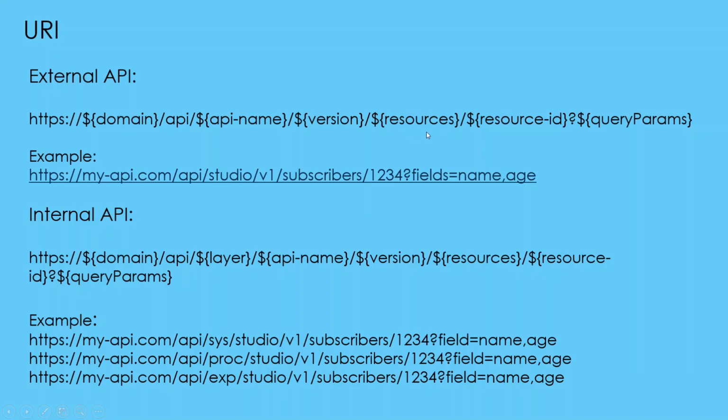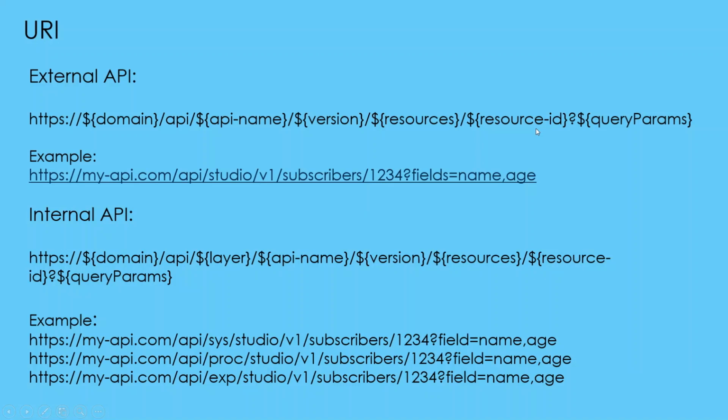Then there is the resource ID. So this is the ID of the resource to be fetched or updated, and this is optional and is not applicable when you do a POST request, because in POST we do not know what the resource ID is.